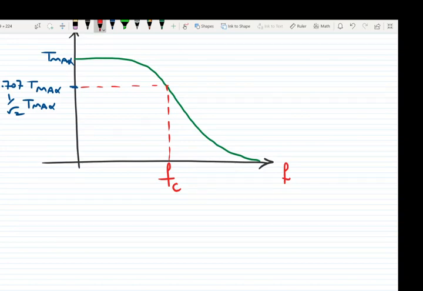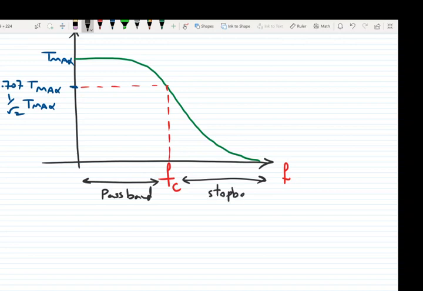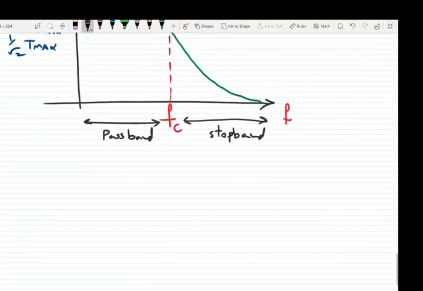So the cutoff frequency is the frequency at which the gain is 0.707 times T max. Of course, this region for this filter is called the passband, and this region is called the stopband.